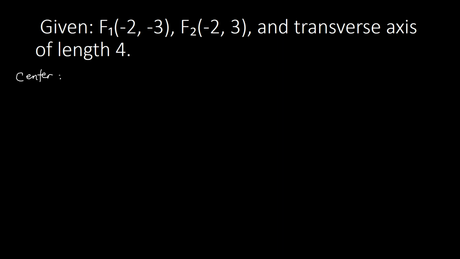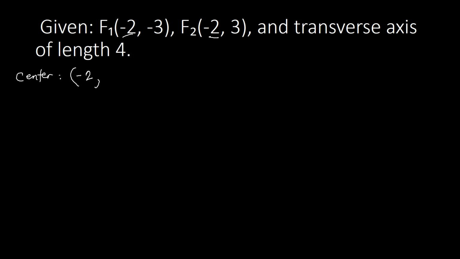Now since we have the same value on x, instead of doing the longer way of the midpoint formula, we just simply copy the common value on one coordinate to the center. So we have the same value on x, so we just copy that one here as the center x value.